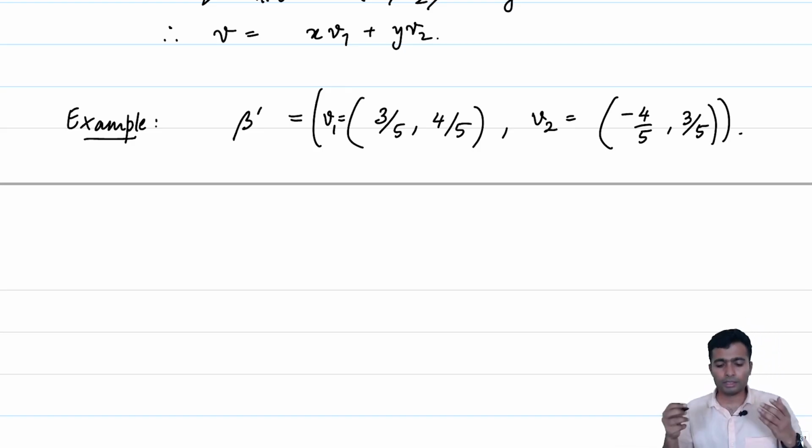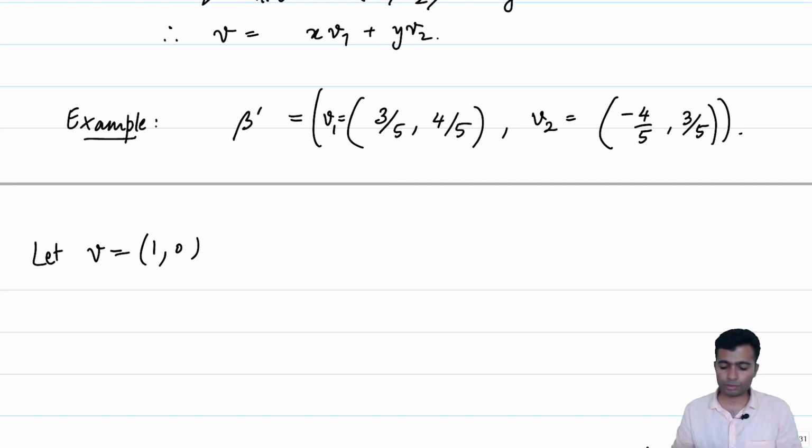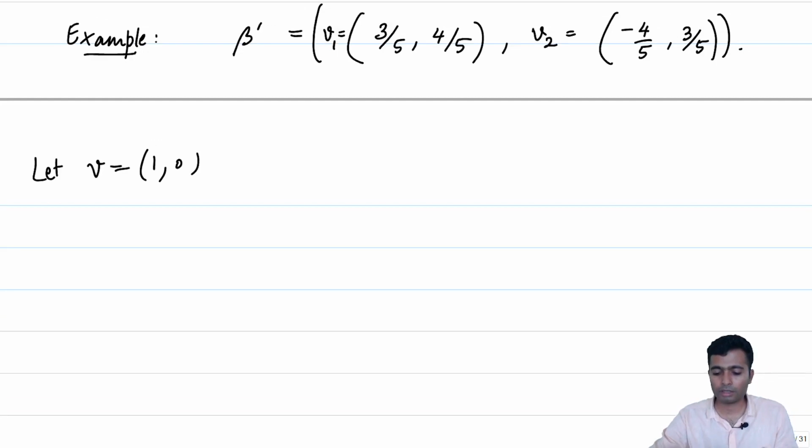So let's take the simplest vector (1,0). Let v be equal to (1,0), and we would like to write v as a linear combination of v1 and v2. This itself has slightly increased the complication, because you will now have to write down a set of linear equations and solve for them to get hold of what the coefficients would be.